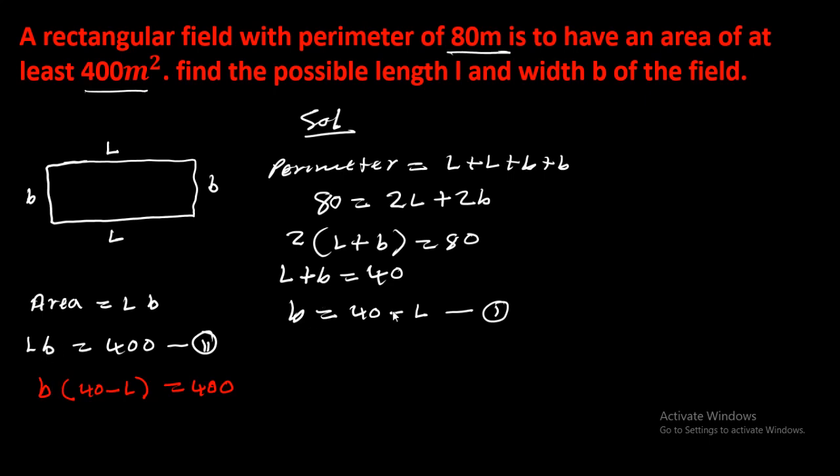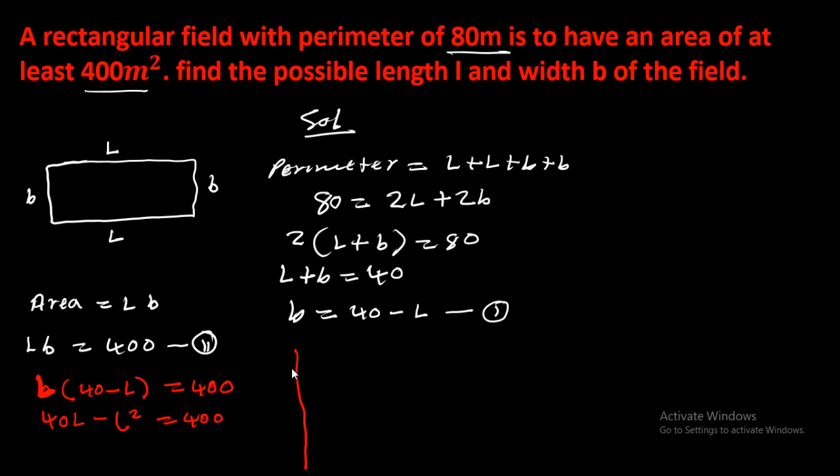So B has been replaced by that. So L times that is just 40L. And then we have L times L is just L squared is equal to 400, like that. So when we come up with that, we can simply work out this, whereby we can say this goes that side, that goes that side.